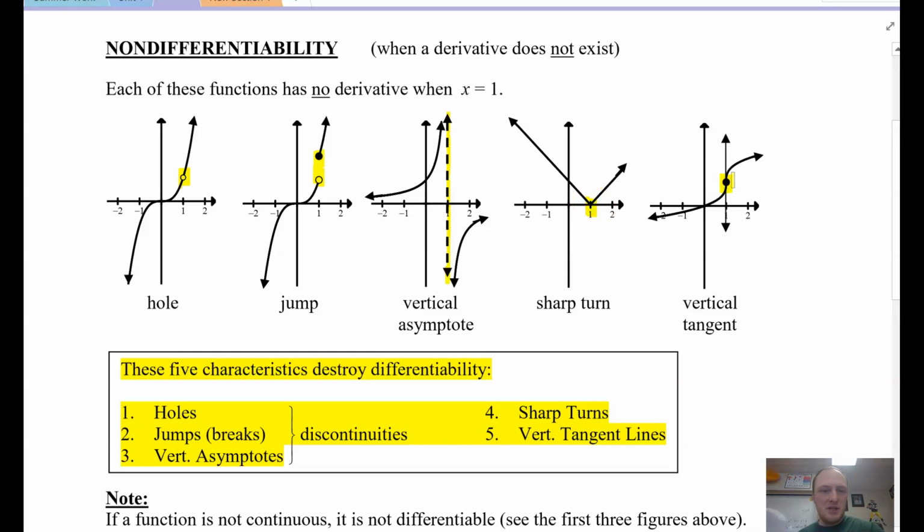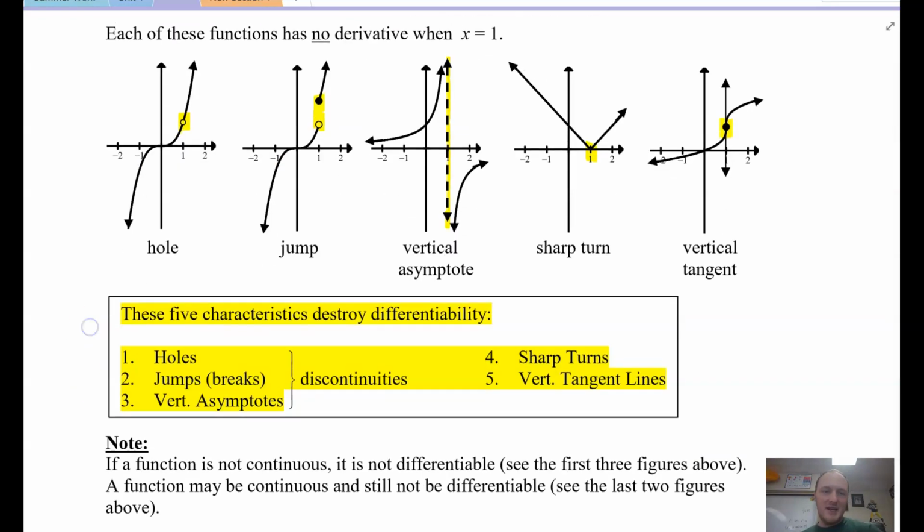So let's talk about these characteristics that destroy differentiability. The 5 characteristics are, well, the first 3 are grouped into discontinuity. If you have a function that's not continuous, it's discontinuous, then you do not have differentiability at that location.